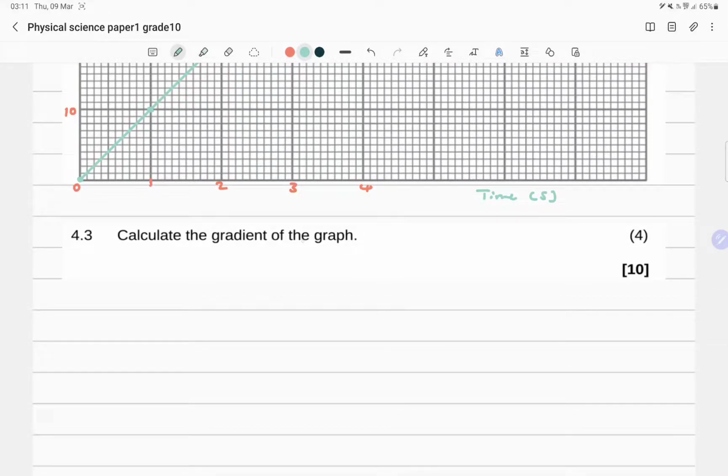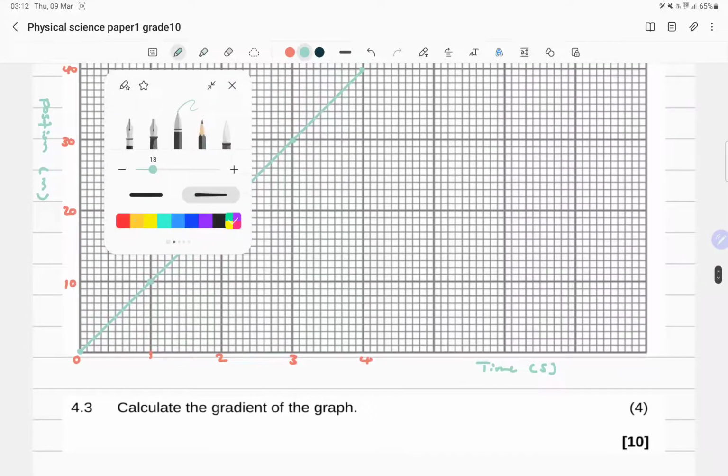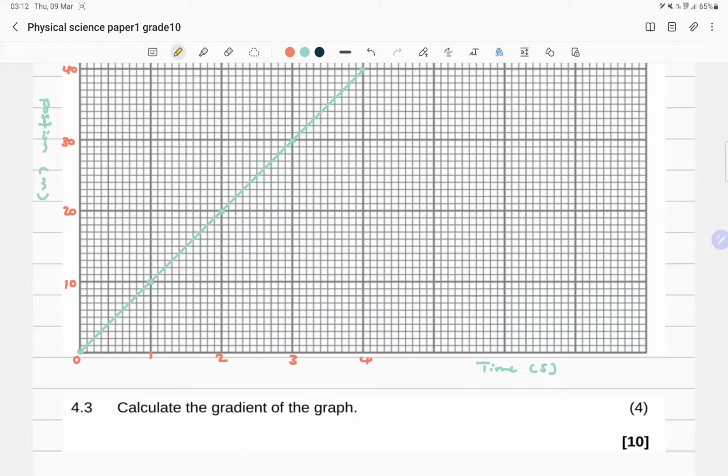Now calculate the gradient of the graph. So gradient, what you normally are advised to do, pick any 2 points. I can pick these. You can pick any that you want. So here it's quite easy. You know that this is perpendicular, so it's like a right-angled triangle.